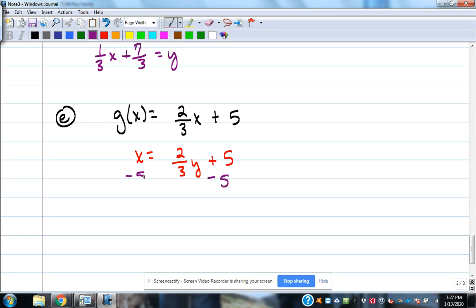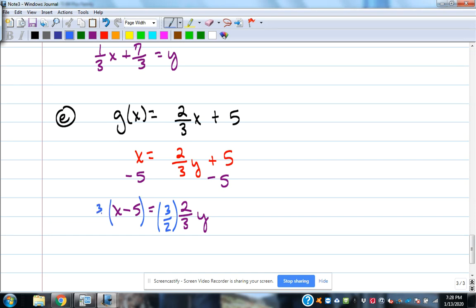Minus 5. So x minus 5 is equal to 2/3 y. The last step: divide by 2/3, which is also the same thing as multiplying by the reciprocal of that, 3/2.